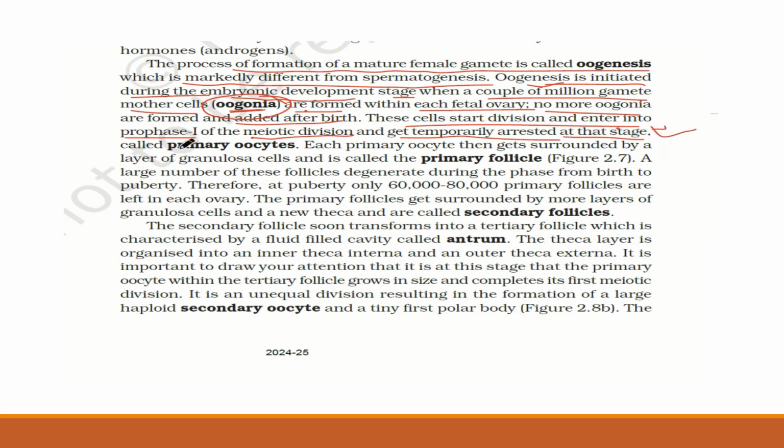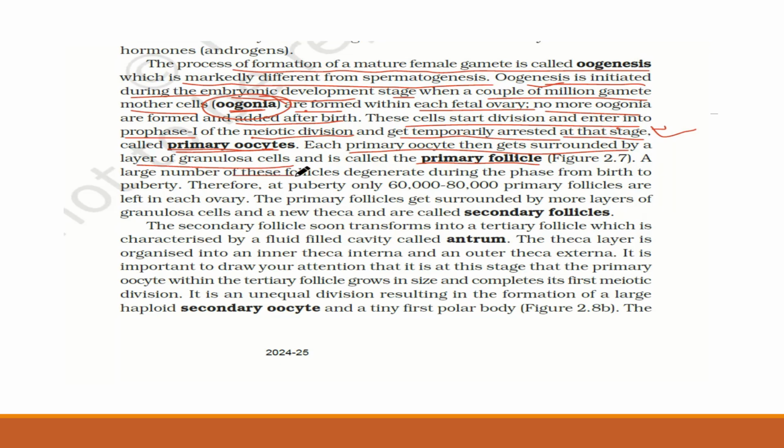So all these primary oocytes remain in prophase 1 of the meiotic cell division from birth till the puberty stage. Each primary oocyte then gets surrounded by a layer of granulosa cells, and they form primary follicles. This is called the primary follicle.